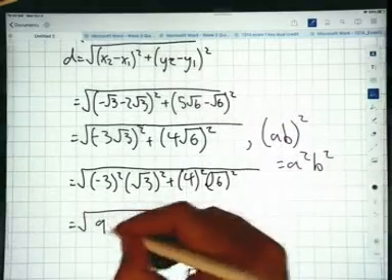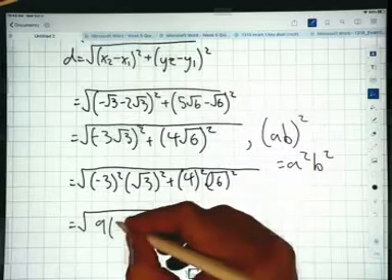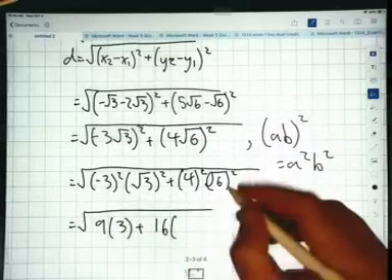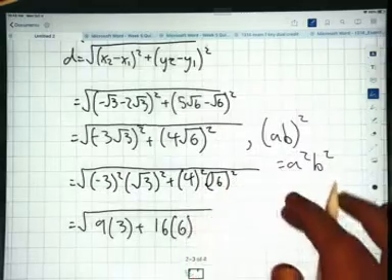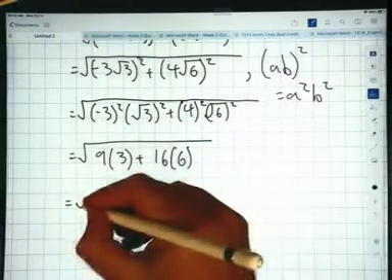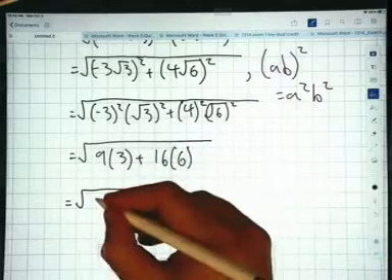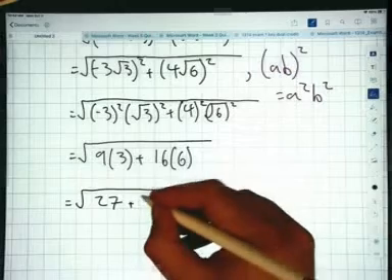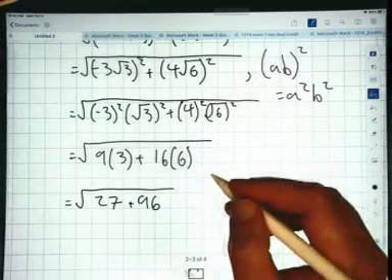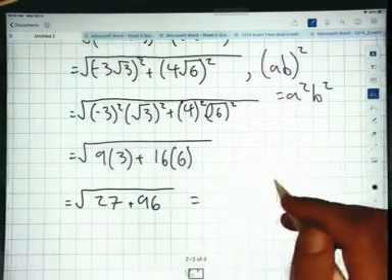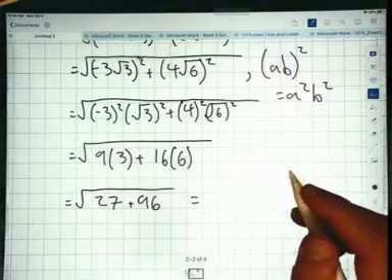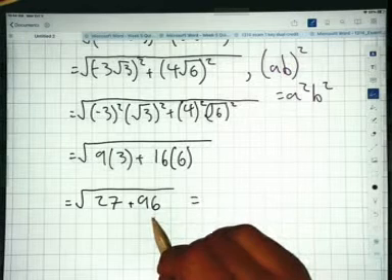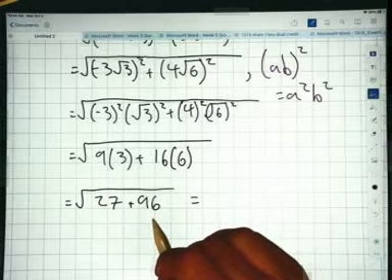So negative 3 squared is going to be 9. Root 3 squared is 3. 4 squared is 16. Root 6 squared is 6. 9 times 3 is 27. 16 times 6 is going to be 96. Here's the way I do this in my head: I turn that 96 into 100.